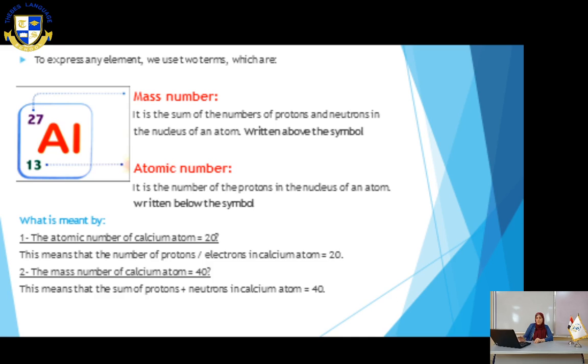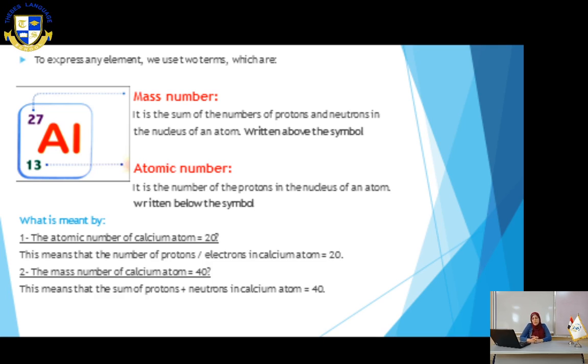Slide 7. To express any element, we use two terms, which are mass number and atomic number. As we see in the picture, we have the aluminium symbol, Al. It has two numbers, 27 above the symbol and 13 under the symbol. 27 is a big number and 13 is smaller than 27.